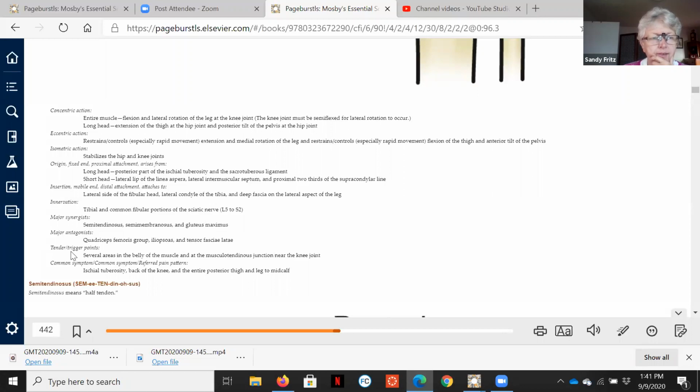Then the tender trigger point area, an area that is commonly found that's tender and might be contributing to some shortening or some hesitation to move the muscle. It's in several areas: in the belly of the muscle, and also right near the joint.